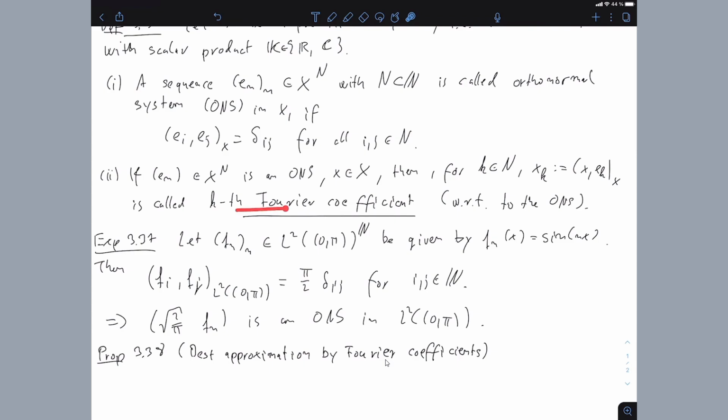So these coefficients, the scalar products of something that we want to represent with our elements of the orthonormal system.